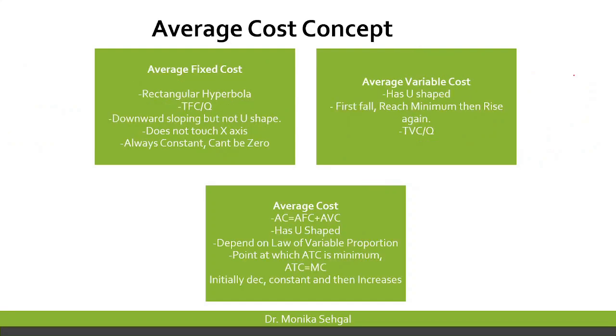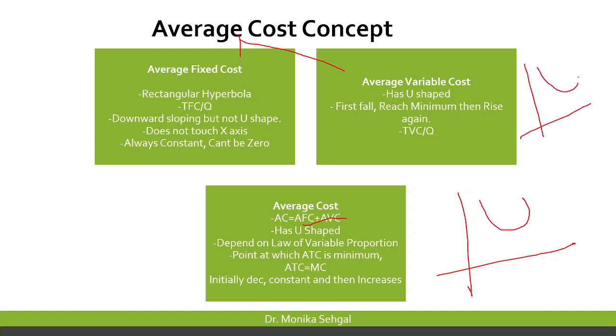Average cost is also divided into two parts, average fixed cost and average variable cost. Average cost is the summation of average fixed cost and average variable cost. It is U shaped, just like the average variable cost, whereas the average fixed cost is a rectangular hyperbola. It can be calculated as TFC divided by Q. It is always downward sloping but not U shaped, and it can never be zero.